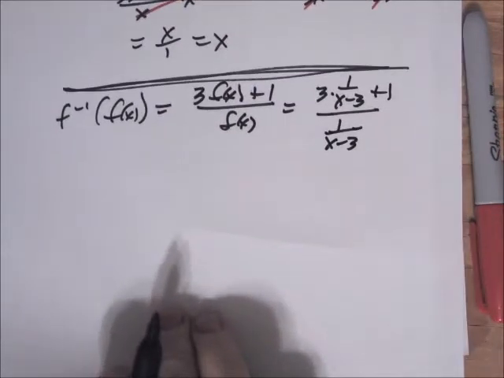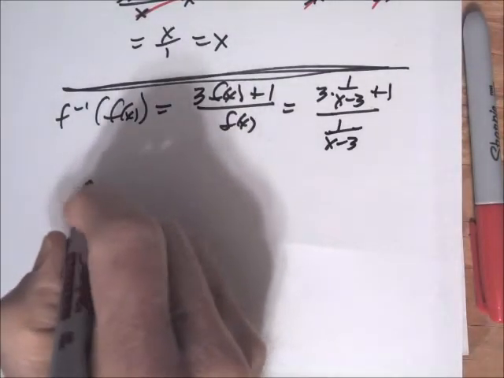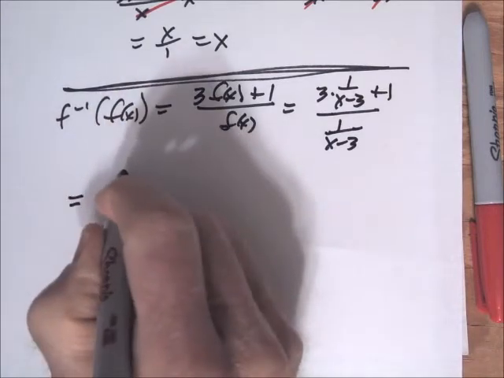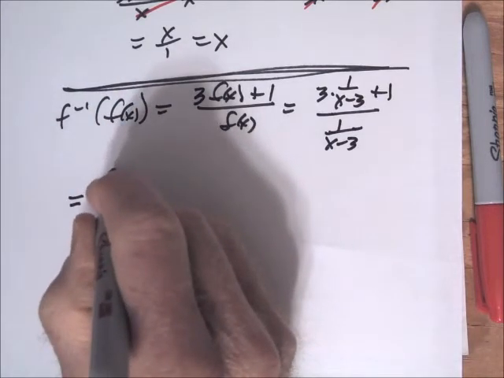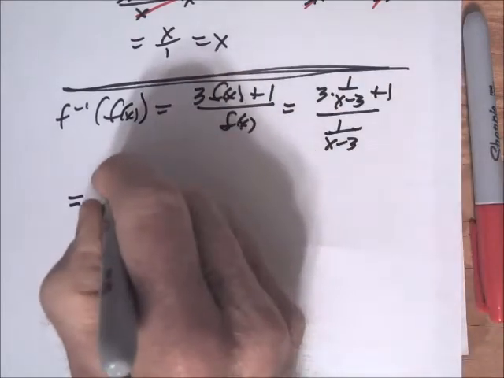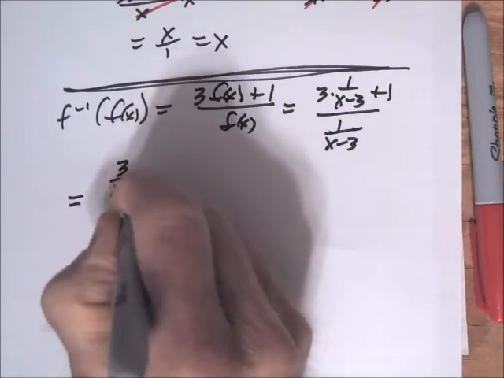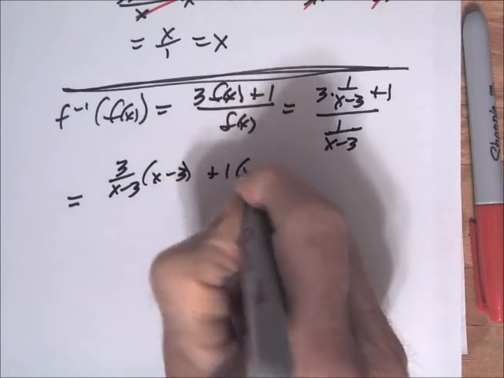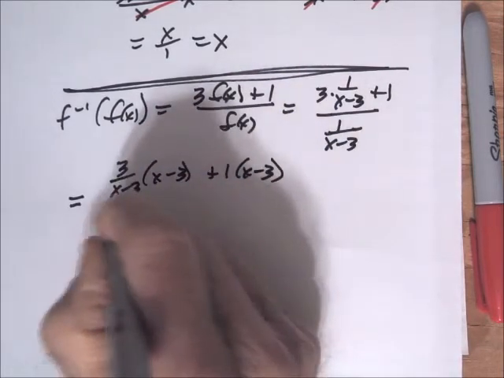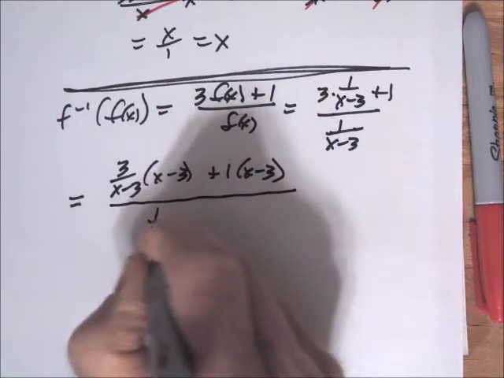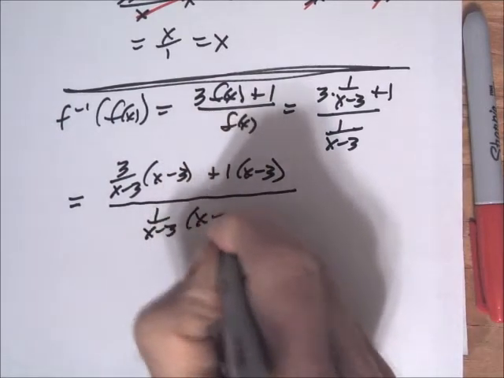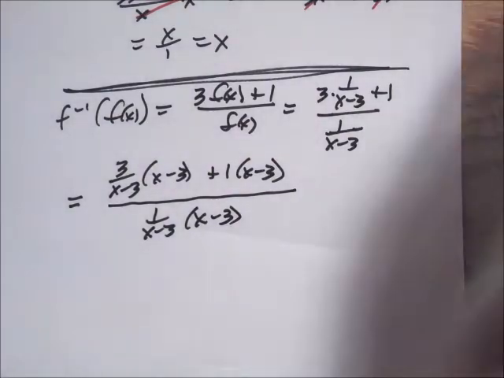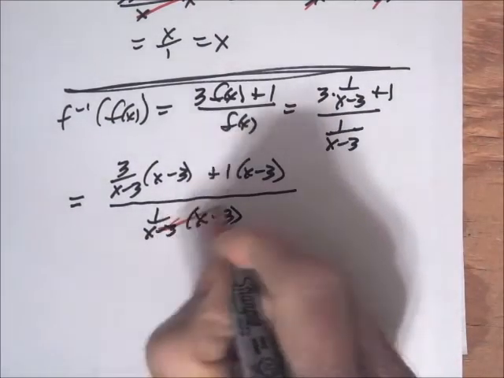Okay, so we have, again, a fraction within a fraction. We can multiply each term by the denominator of the inside fraction. Well, 3 times 1 is 3, so it's 3 over x minus 3, and then multiply by x minus 3 over 1 over x minus 3 times x minus 3. Okay, so the x minus 3's will cancel here and here.